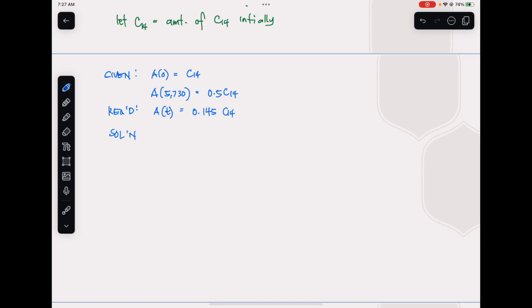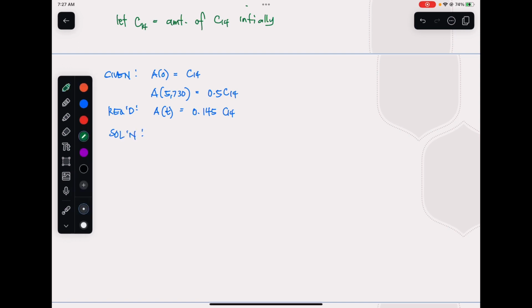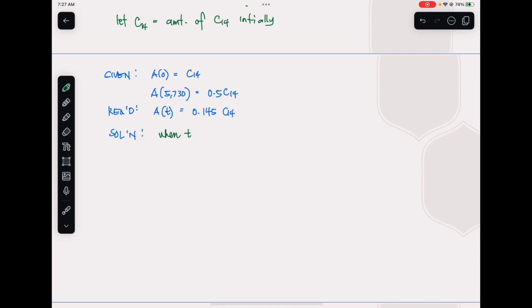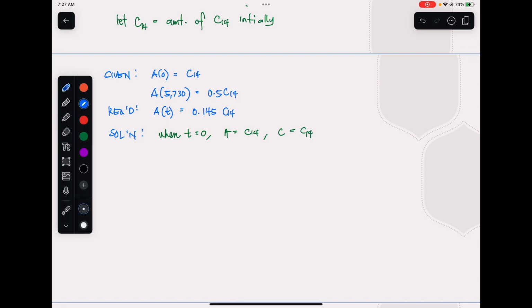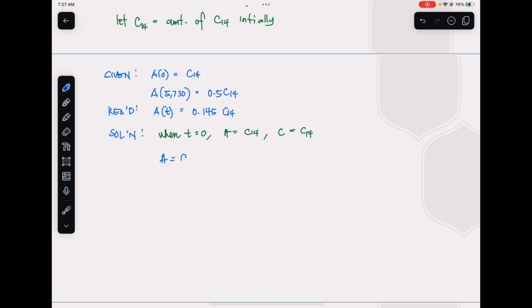So for our solution, when time is equal to 0, A is 0.145 of, when time is equal to 0, A is C14. So therefore, C is C14. So A then is equal to C14 e raised to kt.